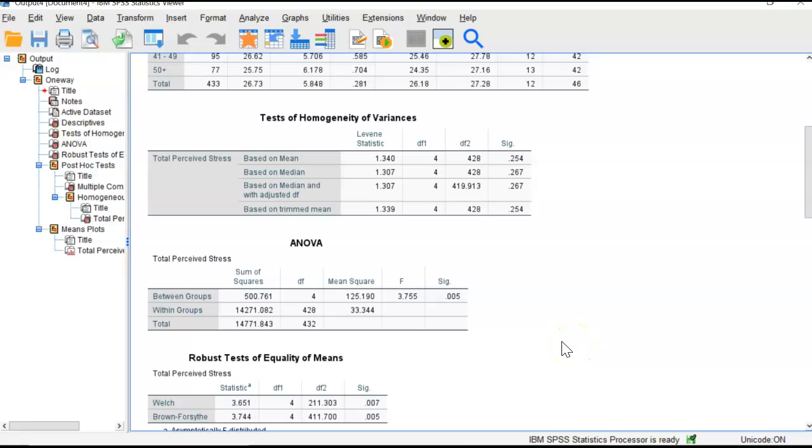Now, how you write this up: if you go to page 269 in your text, there's a very long paragraph that you can read through as an example of exactly how to word and how to report the statistics, in the gray box at the top of the page on 269.